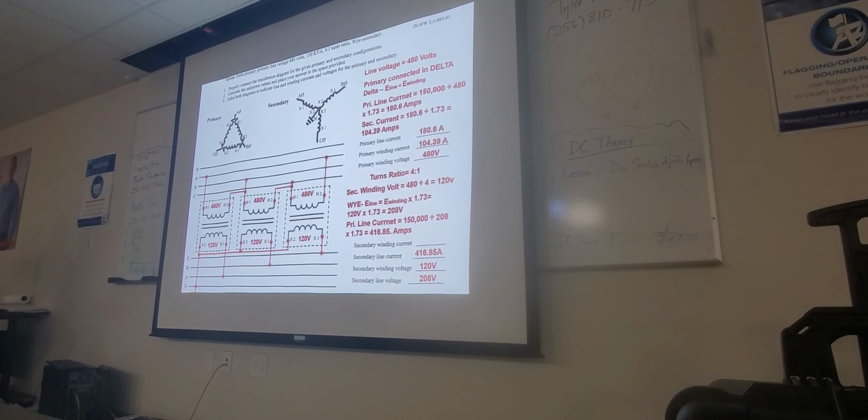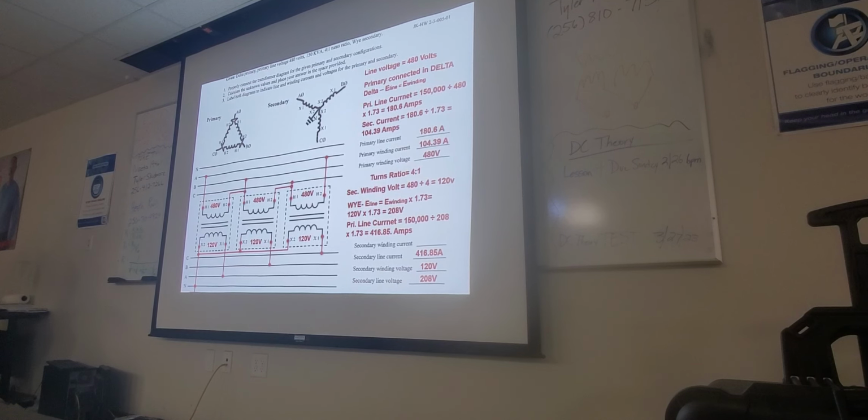All right, so take a look at our primary line current. It's 180.6 amps at 480 volts.